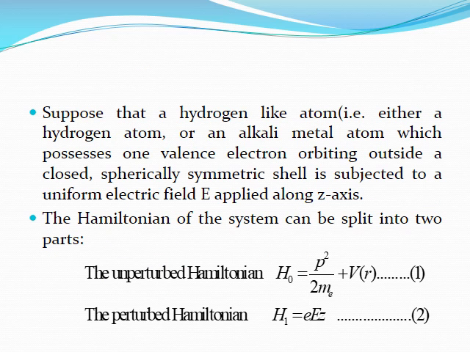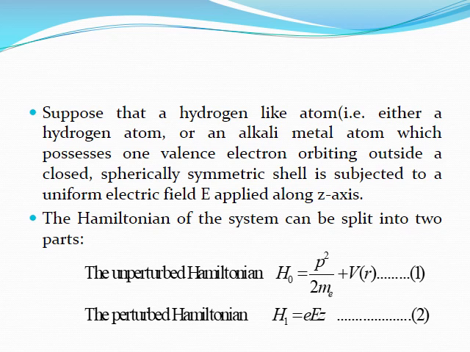Suppose that a hydrogen-like atom, that is either a hydrogen atom or an alkali metal atom which possesses one valence electron orbiting outside a closed spherically symmetric shell, is subjected to a uniform electric field E applied along the z-axis. The Hamiltonian of the system can be split into two parts.